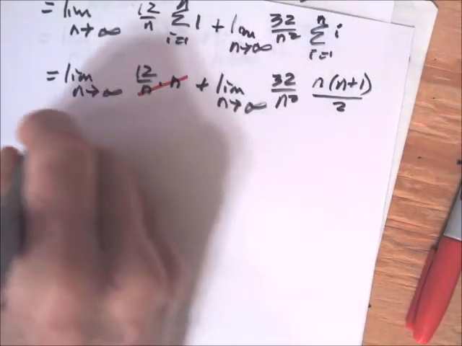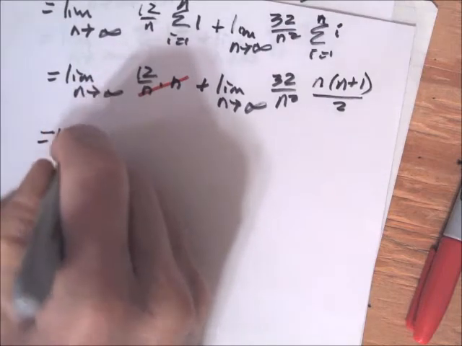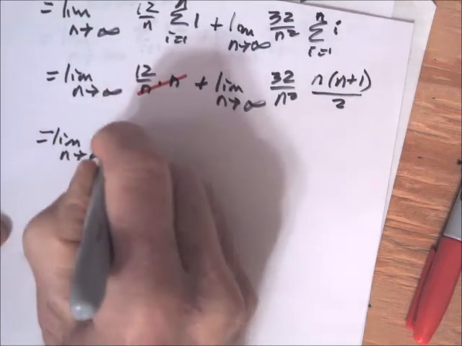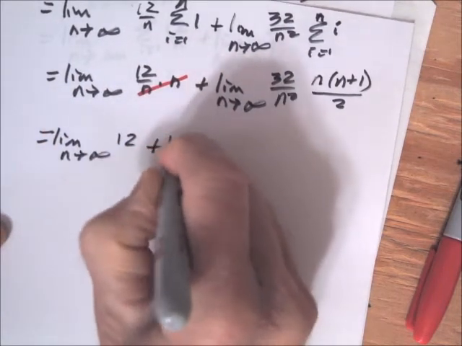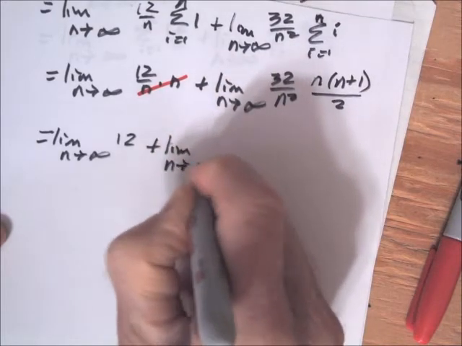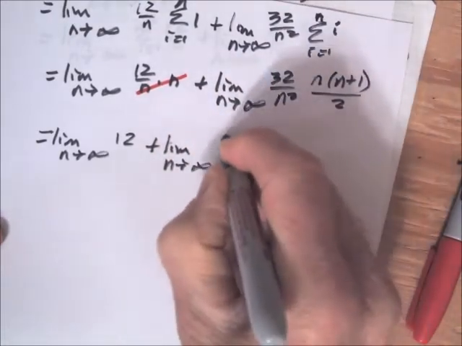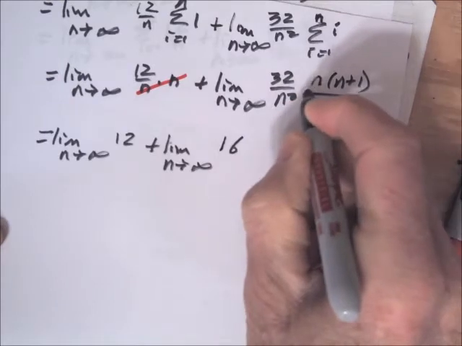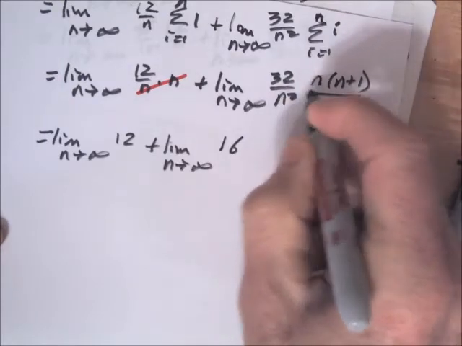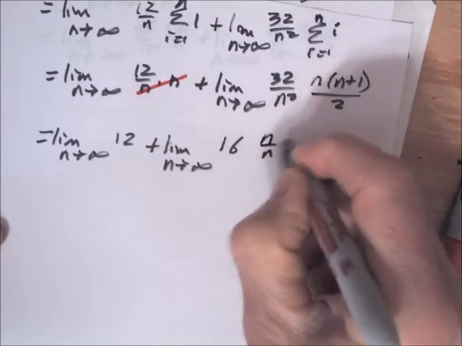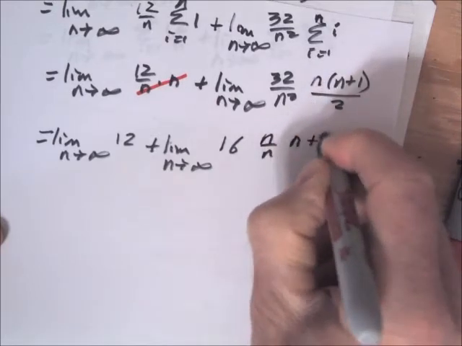So this is going to be the limit as n goes to infinity of 12, plus the limit as n goes to infinity of 16, and we can rewrite this as n over n times n plus 1 over n.